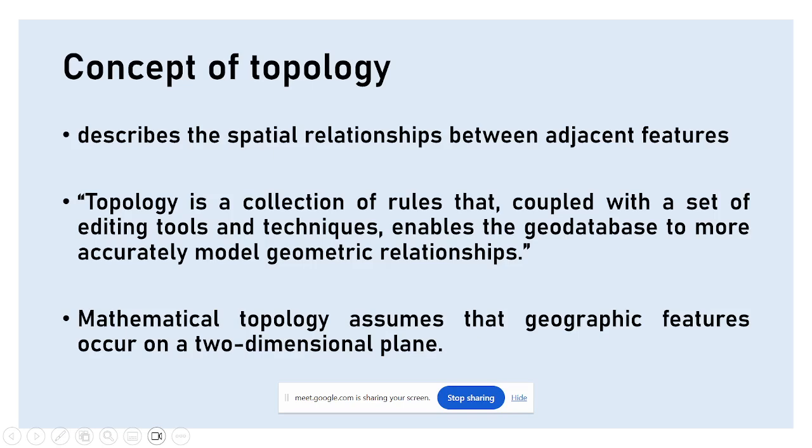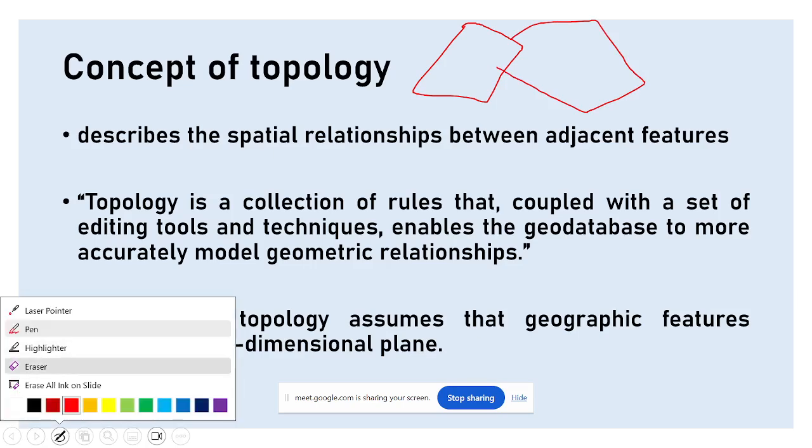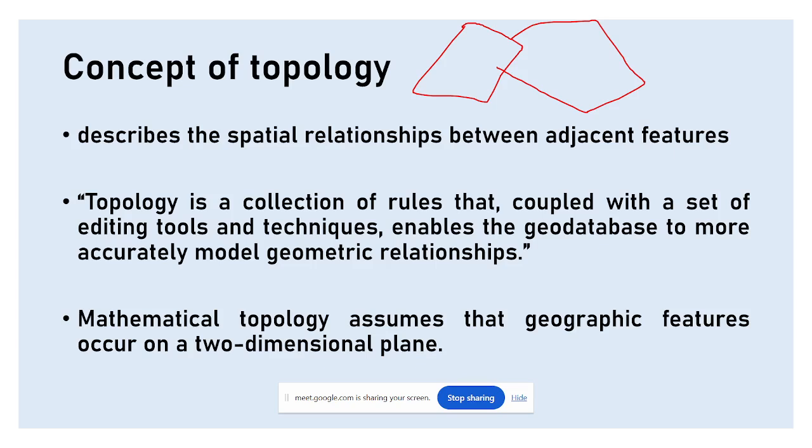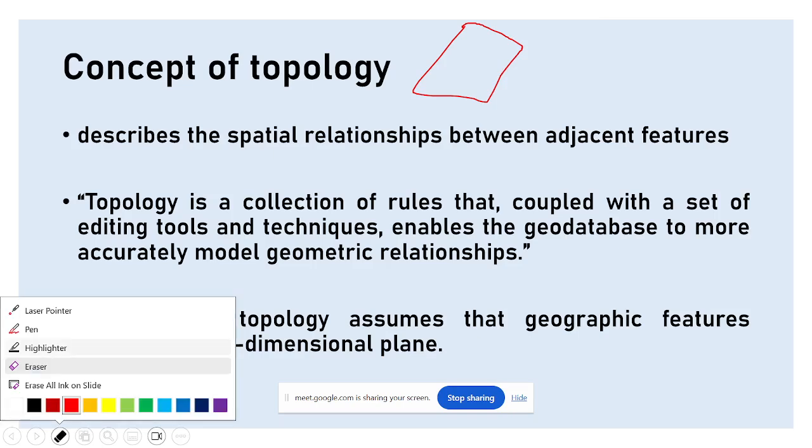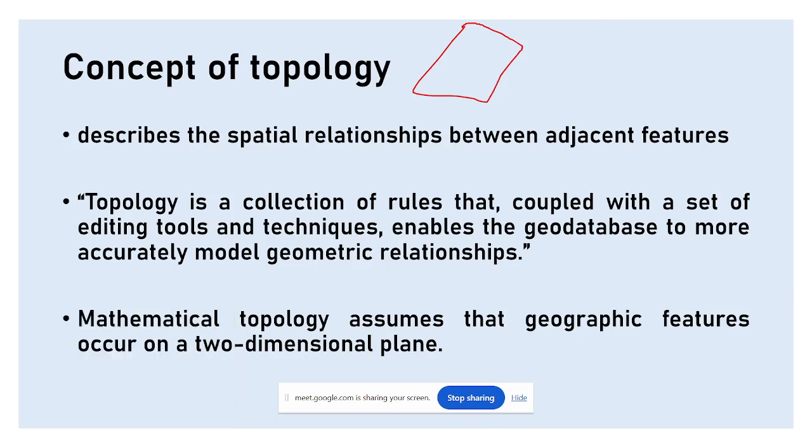If you have a polygon like this and you have another polygon like this, sorry, this line came here. One second. Yeah, we have another one like this.